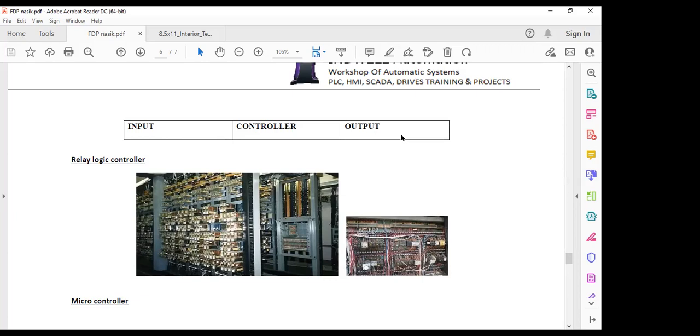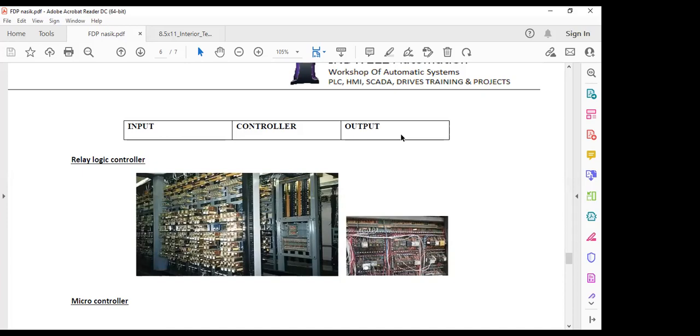Obviously, it won't be. In industry, the very first automatic controller that came was the relay logic controller, correct? What did we have in a relay logic controller? It was a very large, complicated electronic circuit, you can say.